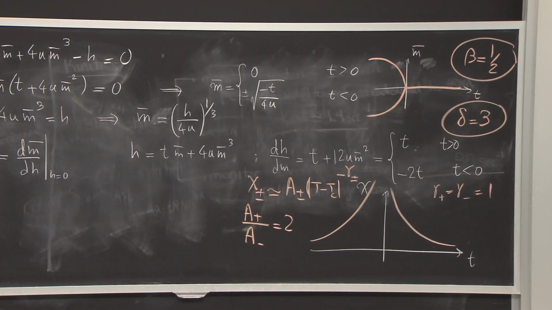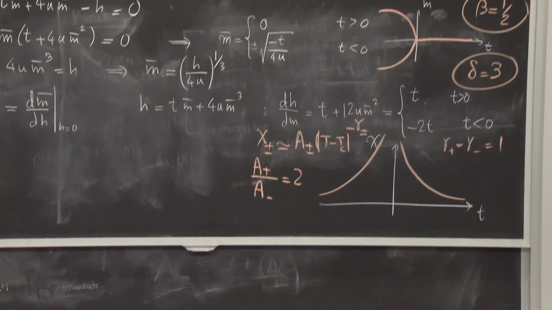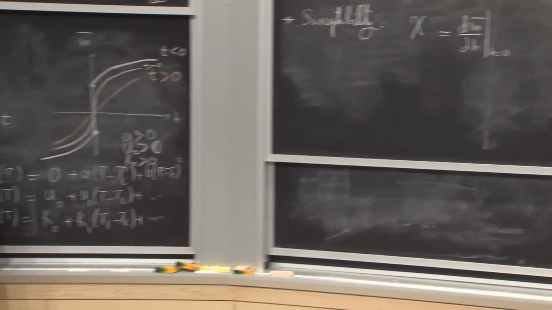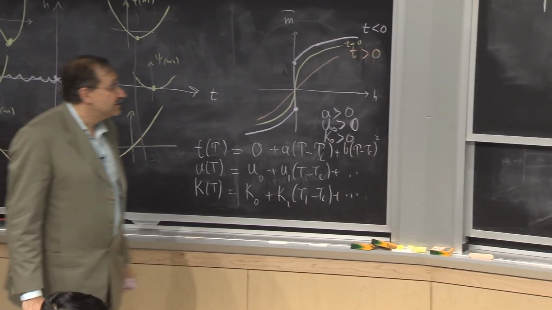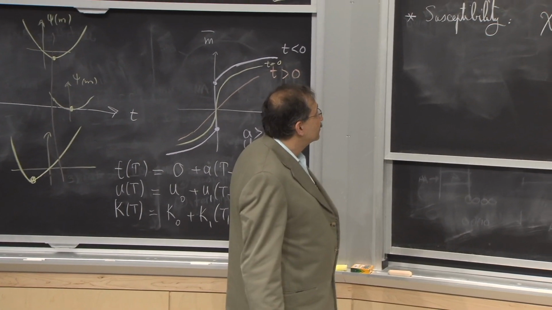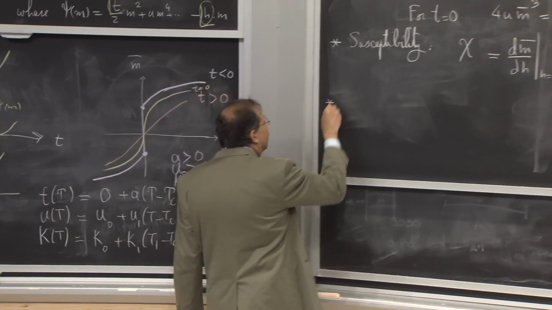OK, there's one other response function that I had mentioned. There was the exponent alpha that came from the heat capacity. So how do I calculate heat capacity?